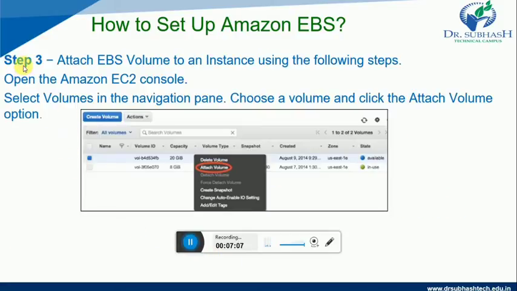Third step is to attach an EBS volume to an instance using the following steps. Open the Amazon EC2 console, then select volumes in the navigation pane, choose a volume and click the attach volume option. Here you can see in this picture the create volume is given and the volume type is given where you have to select attach volume.